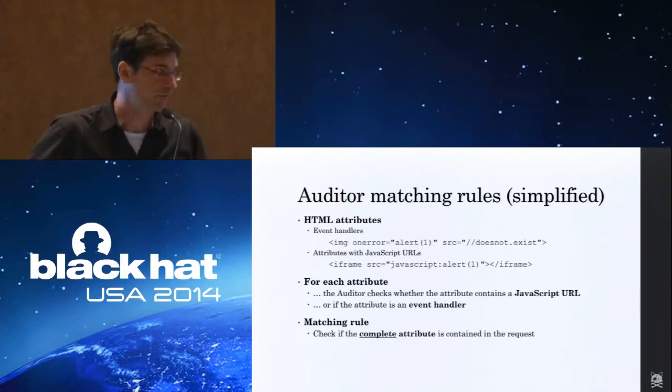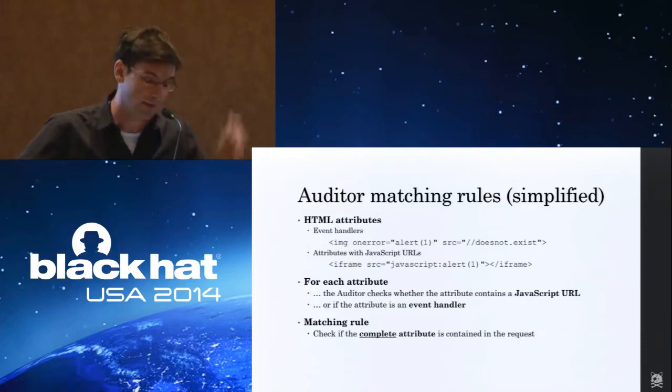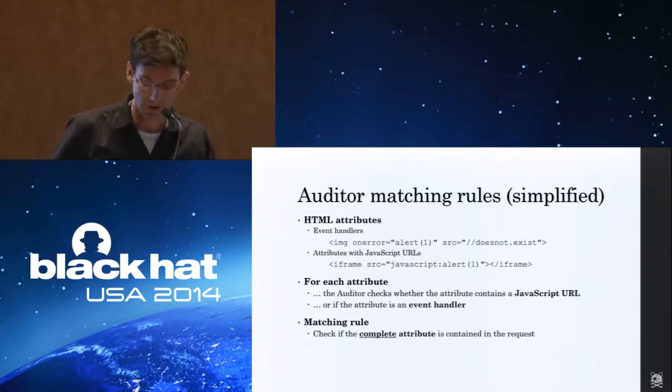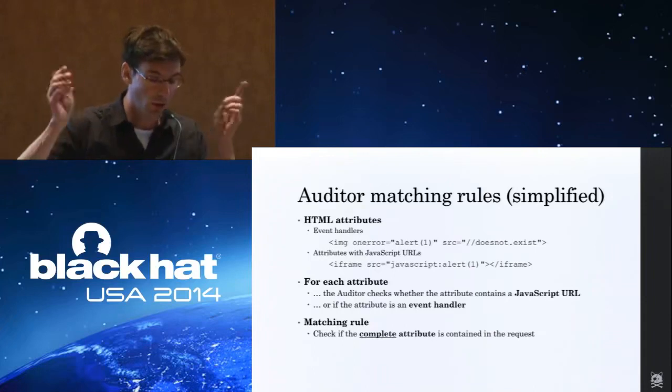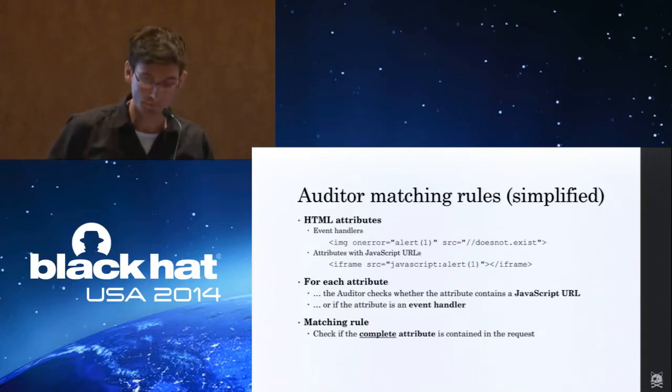So with text, only the JavaScript code had to be contained in the request. For attributes, the attribute name, and in this case the equal sign and the quotes and stuff like that, also has to be contained in the request. So if you have an onload alert 1, the auditor will match against the URL, in this case, also the string onload alert 1.